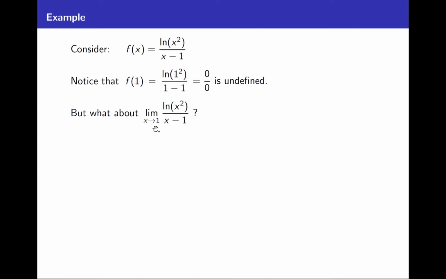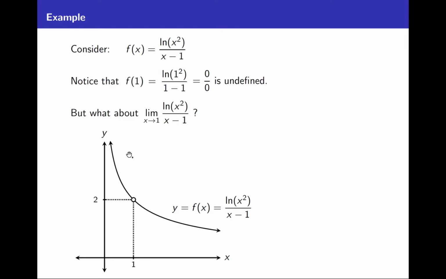So here x is approaching a number that's not in the domain of the function. What do you get? What is the function getting closer and closer to? Well, here's a graph of f of x equals ln of x squared divided by x minus 1 that was drawn with the graphing utility. And it has a nice smooth shape, looks like a nice smooth curve.